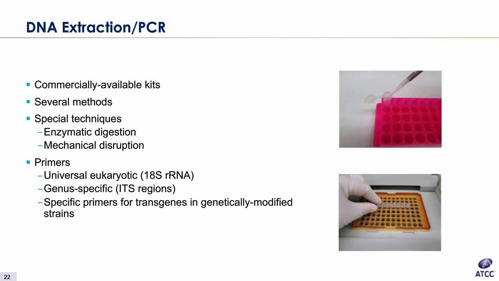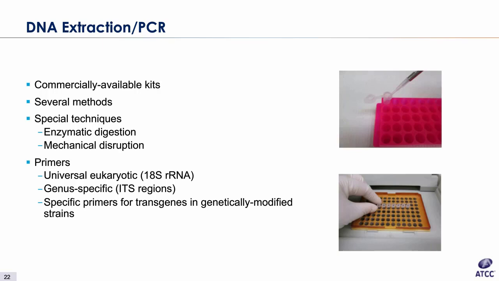To get DNA from Microsporidia is a little bit of a challenge because they have this hard outer coating. So we use an enzymatic digestion with chitinase, which is an enzyme that'll eat through that, and also mechanical disruption, usually in the form of glass beads. You put these tiny 450 nanometer glass beads in there, and then you vortex it and it breaks it up and allows us to get at the DNA inside.